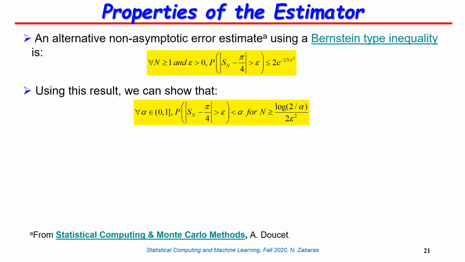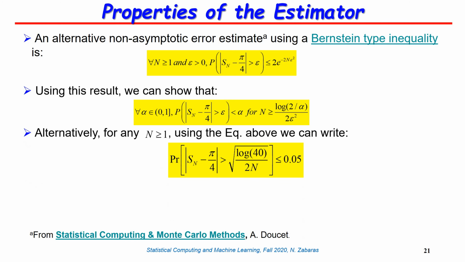And actually, if you use this inequality and you put a particular value for epsilon, which is the square root of the log of 40 divided by 2n, then the probability that you'll be away from pi over 4 by this number is less or equal to 0.05, regardless of the value of n, assuming n is greater or equal to 1.